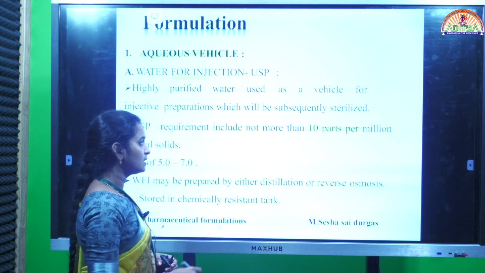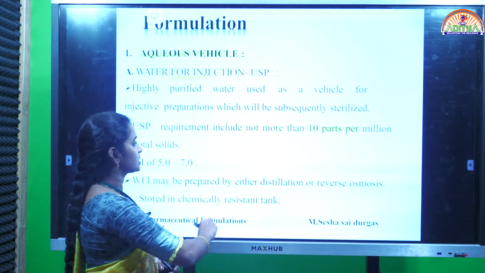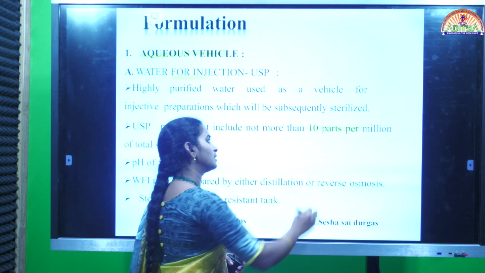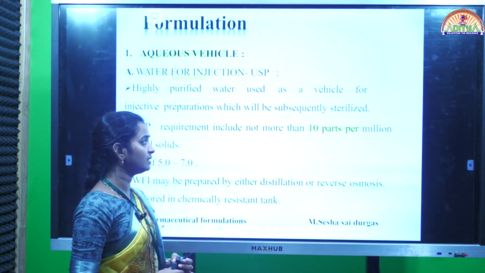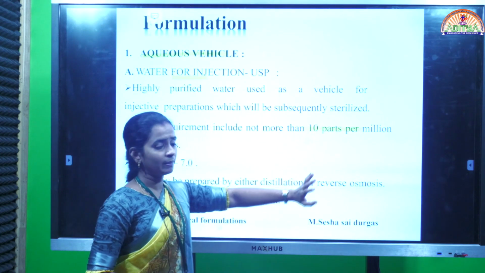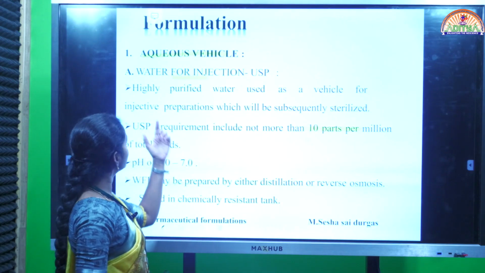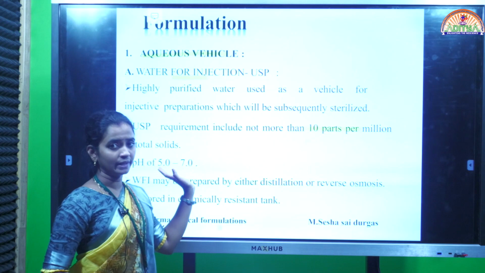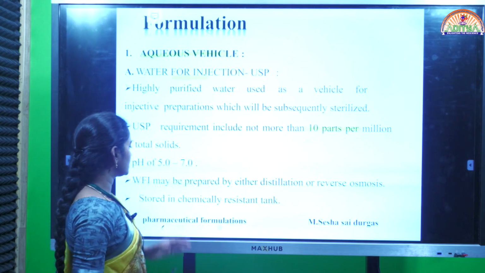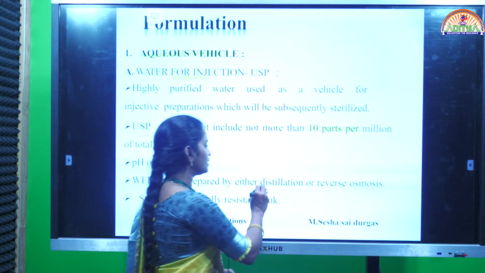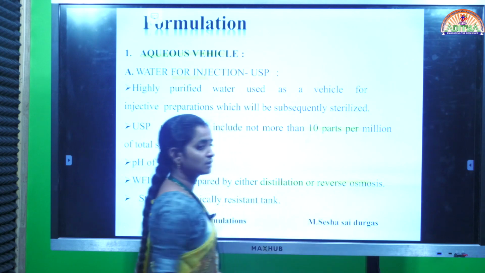So for that contamination in water for injection there is a limitation, that is 10 ppm. And next, the pH of water for injection should be in the range of 5 to 7, and water for injection may be prepared either by distillation or reverse osmosis.